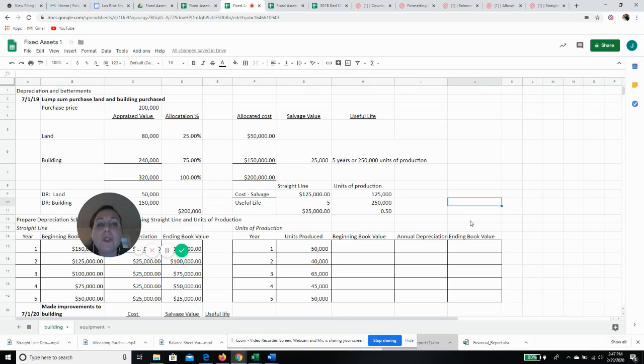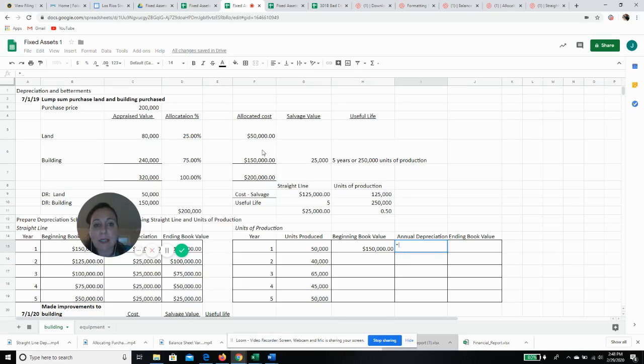All right, so let's go ahead and do our depreciation schedule. So in year 1, our beginning book value, remember when we first buy a piece of equipment, the beginning book value is just what we paid for it. So it's on our books at 150,000. Our annual depreciation is going to be the number of units we produce in year 1 times our depreciation rate.